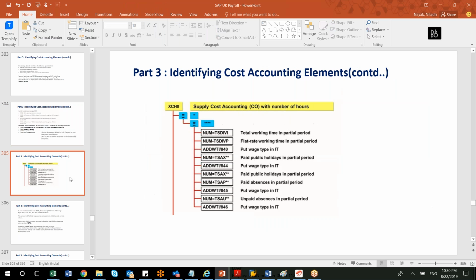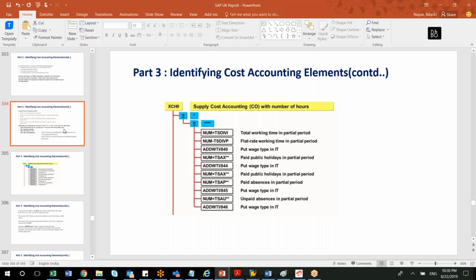In that case, slash 840, as I was explaining here, will calculate the difference between the working hours in the current month and the average value. So it calculates the actual number of working hours and the average value, and the difference when it puts it into the specific wage type in the particular input table.